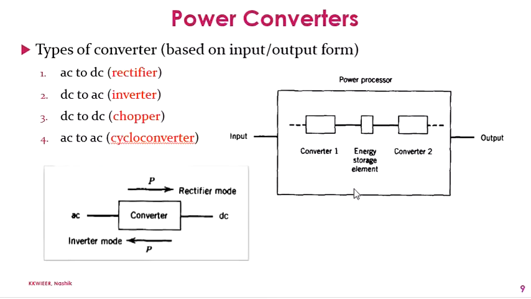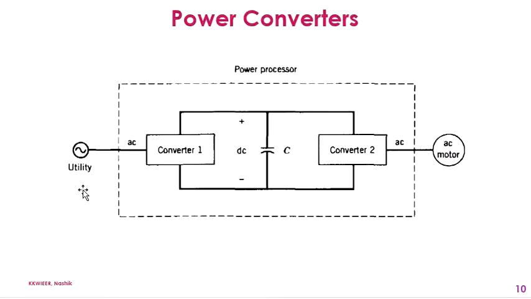Now I will give you one example. Here you can see a block diagram of an adjustable speed AC motor drive. I'll show you a simplified diagram in the next slide. So here you can see the same diagram of the adjustable speed AC motor drive.